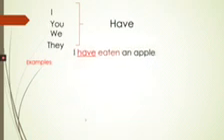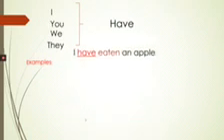Now we have to know when we should use has and when we should use have. We have 7 subject pronouns. I, you, we, and they: these 4 subject pronouns come with have. Very good. So I say I have, you have, we have, or they have. We have some examples.